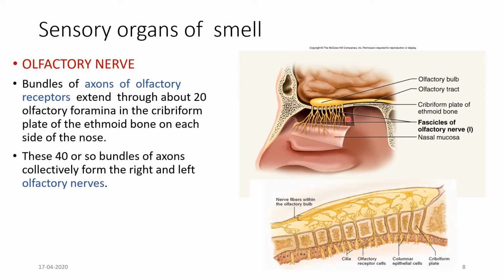So, in this picture, you are seeing the fascicles of olfactory nerves passing through the cribriform plate of ethmoid bone towards a structure called the olfactory bulb in the base of the forebrain. This is the forebrain, the frontal lobe of the cerebrum you are seeing.